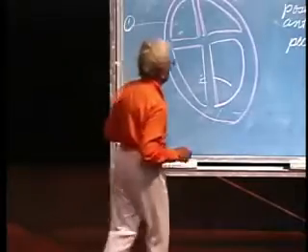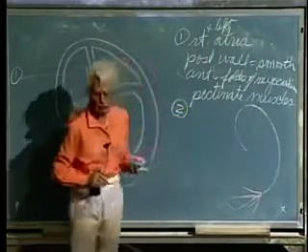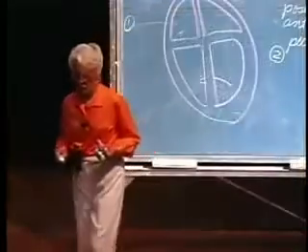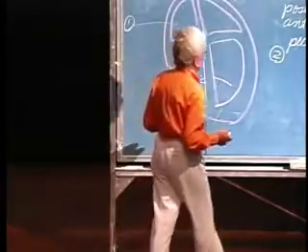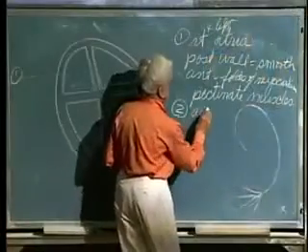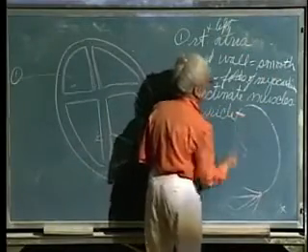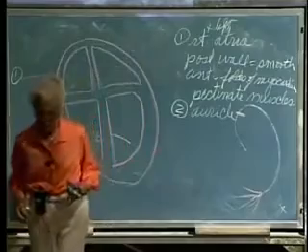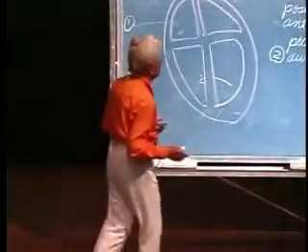So we have what's called an auricle here, and here's a problem for you that I want you to bring me back an answer to. Why do we have an auricle? An auricle is a conical appendage to the atria.